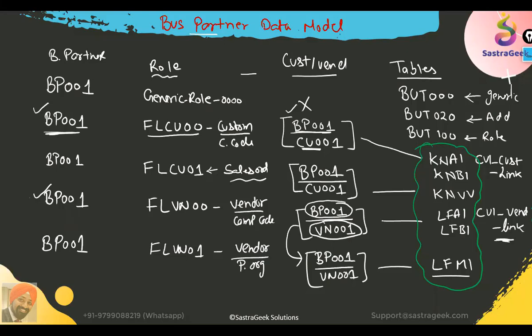The same way is available in ECC also. The same way the maintenance would be happening. Only in CRM you would have different roles, EWM would be using different roles, FSCM would be using different roles. For our order to cash and procure to pay, we will be largely using these 5 roles which I have mentioned: generic role, FLCU00, FLCU01, FLVN00, and FLVN01.